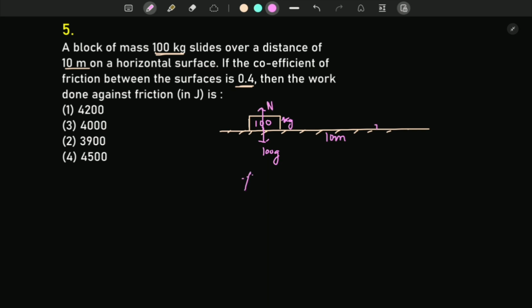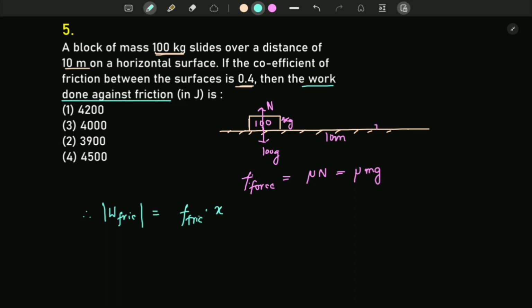So I can say that frictional force is mu N. Here N is mg, so mu mg. This is our frictional force. Now we need to calculate work done. So work done by frictional force, the magnitude of this frictional force, because we are given work done against friction, equals frictional force into the displacement.